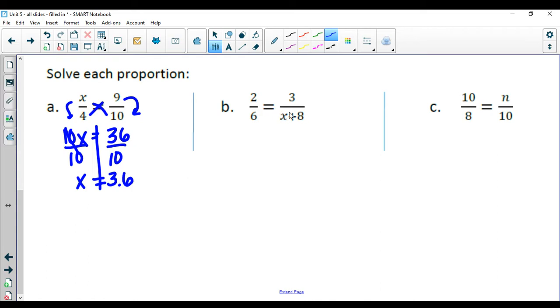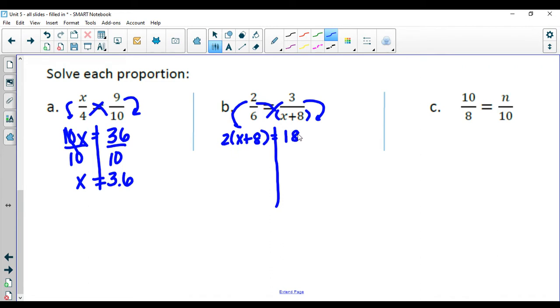In the next example, I'm going to multiply across, noticing that this has an expression down here, not just a single number or variable. So I'm going to put that in parentheses. Multiplying across looks like 2 parentheses x plus 8 equals 6 times 3, which gives me 18. I have two options here.